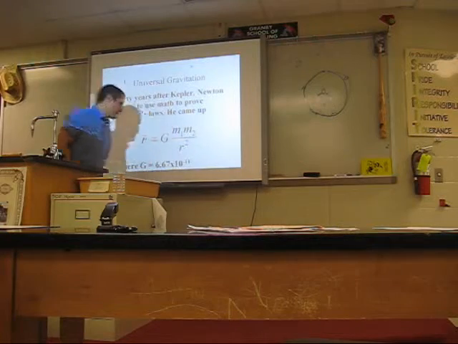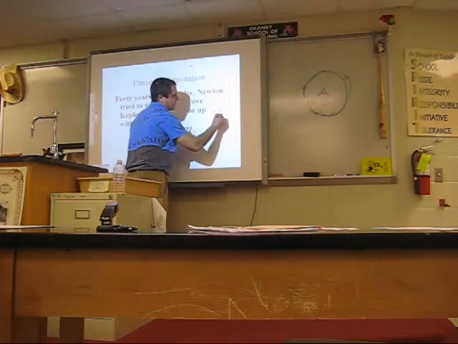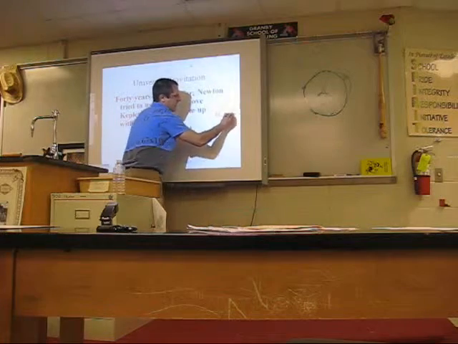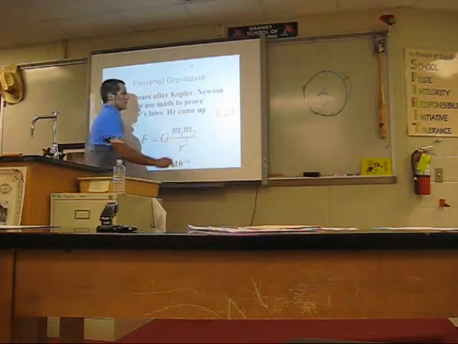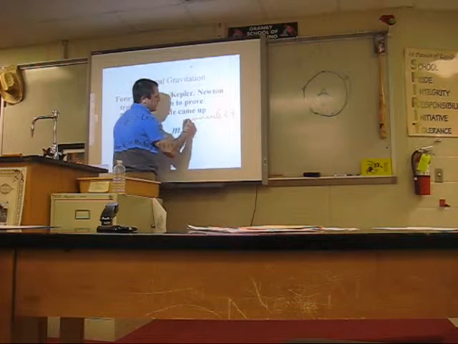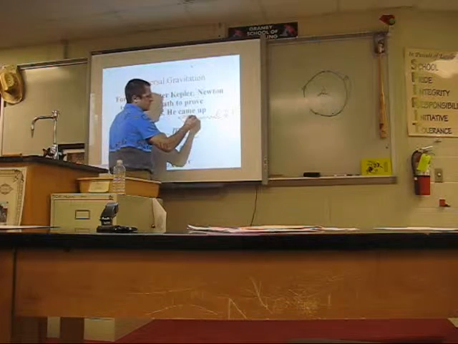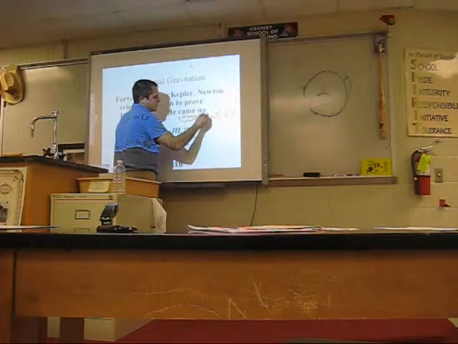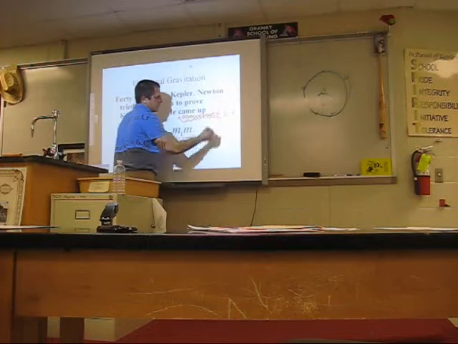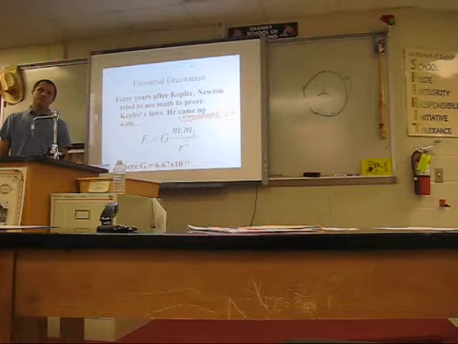We're back. Okay. 6.67 times 10 to the negative 11 is really 6.67, and then negative 11th means 1, 2, 3, 4, 5, 6, 7, 8, 9, 10, 11. That's a really small number, right?